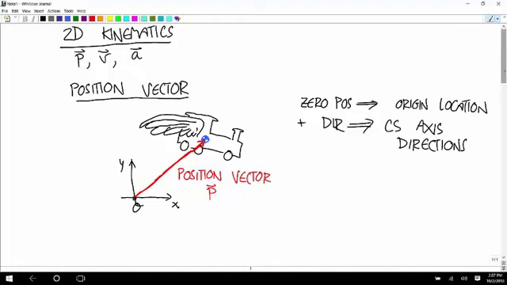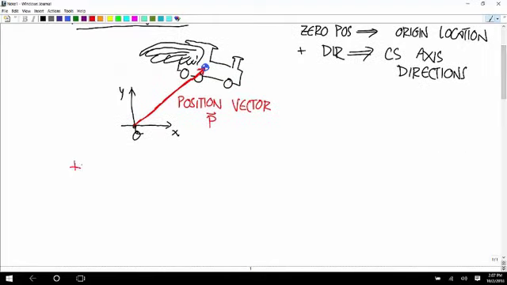And one thing to notice about this is that you can think of that position vector as being the exact same thing as giving the coordinates of the object in the coordinate system we just defined.